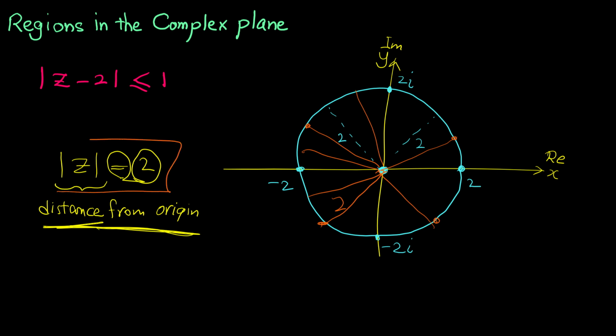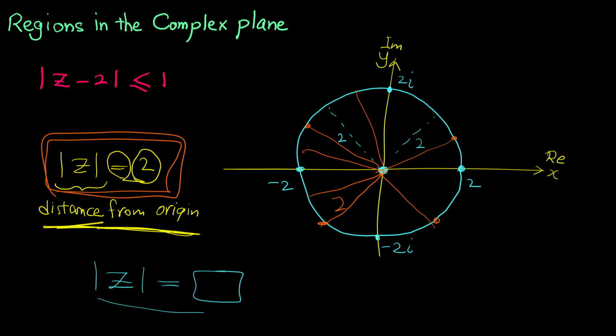So this equation shows a circle with radius equal to 2. So in general, the absolute value of z equal to any number is the equation of a circle with this radius. If here is 10, the radius of the circle is 10. If this number is 1, the radius of the circle is 1. And the center of these circles is at the origin.